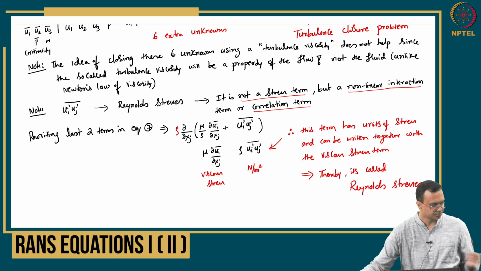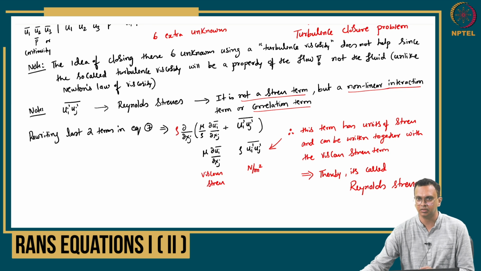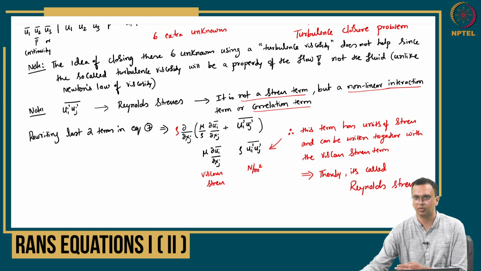Okay. So the takeaway here is that by Reynolds decomposing and averaging, you basically introduce new unknowns into the equation, and therefore there is a turbulence closure problem. The equations are not possible to solve simultaneously because you have 4 equations, 10 unknowns. This extra 6 terms has the name Reynolds stresses, but not really a stress, but takes the unit of stress.